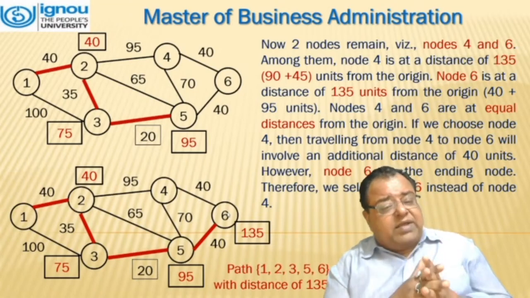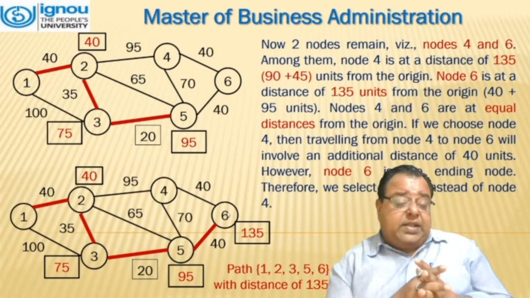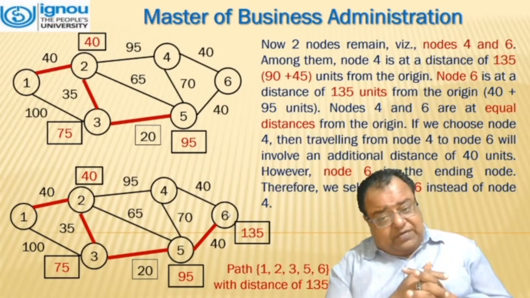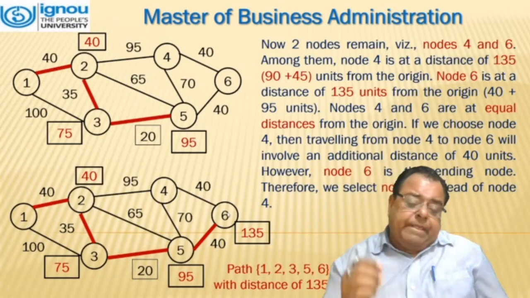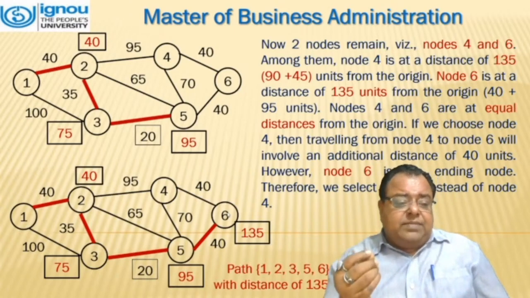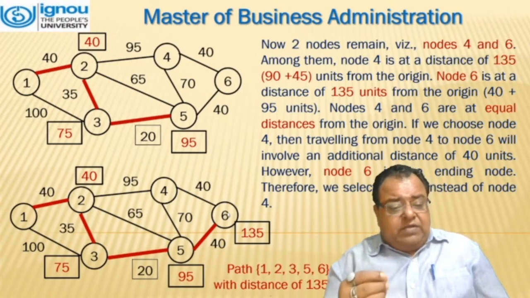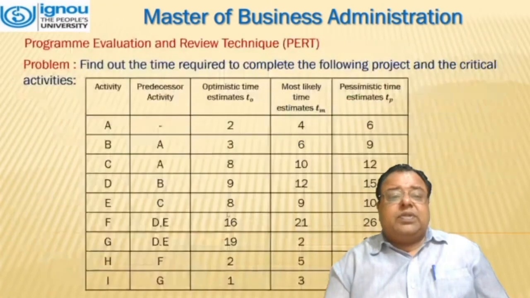So that is why we will be closing with 5 to 6, reaching node 6, and the total distance traveled is 135, that is 95 plus 40. That means the critical path of this problem is from 1 to 2, 2 to 3, 3 to 5, 5 to 6, and the distance is 135 units.